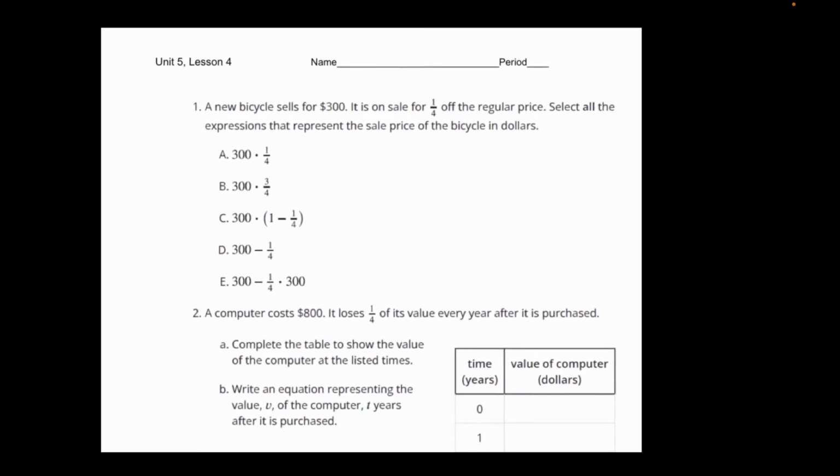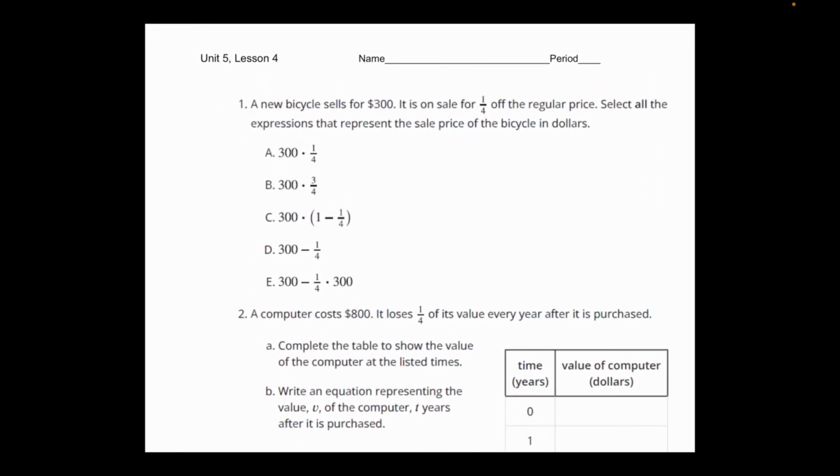So starting here. A new bicycle sells for $300 and it is on sale for 1/4 off of the regular price. We want to select all expressions that represent the sale price of the bicycle in dollars.